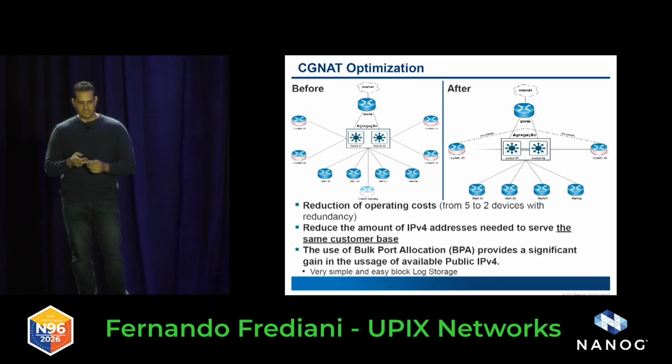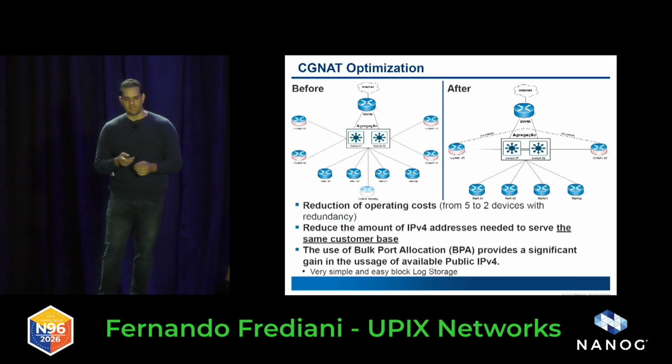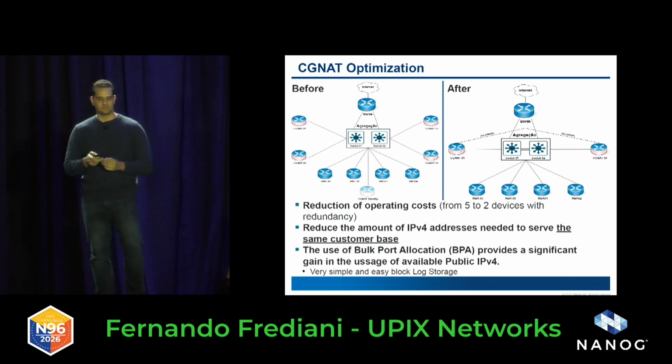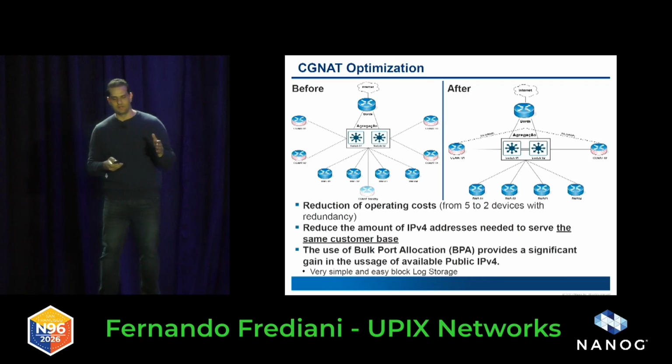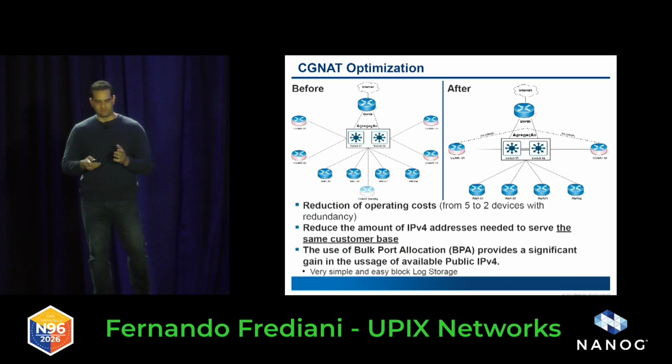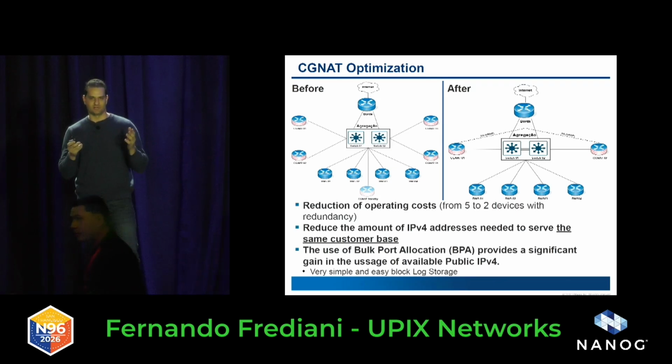So reducing the amount of IPv4 necessary for the same customer base doesn't necessarily mean that you have to degrade the service. One key point of this is to make use of something that I call kind of like a magic: block port allocation.